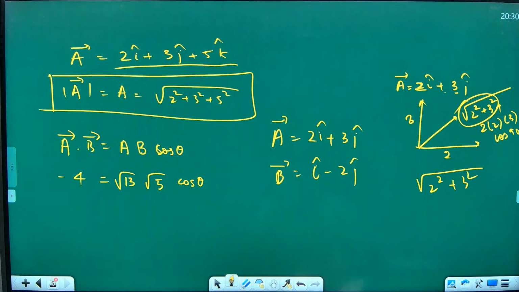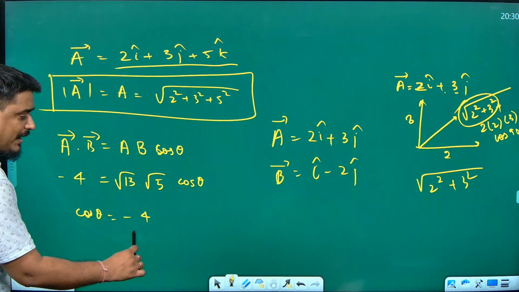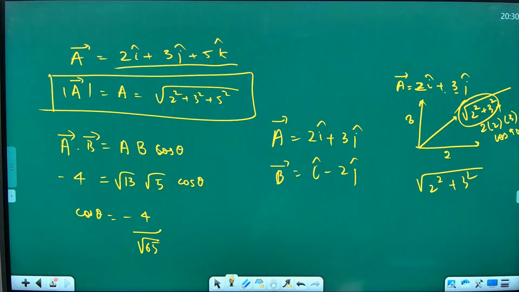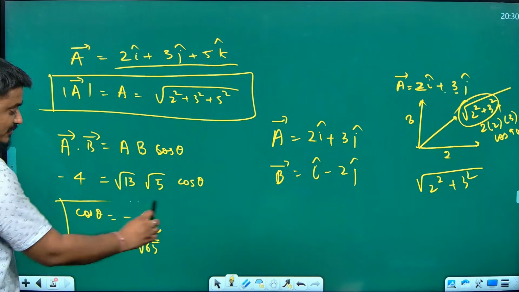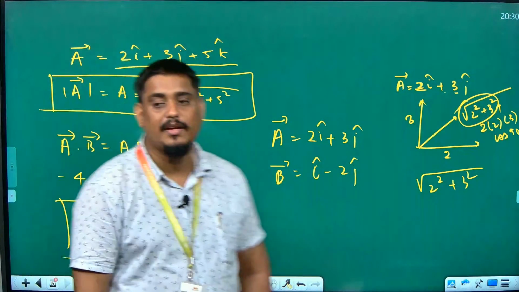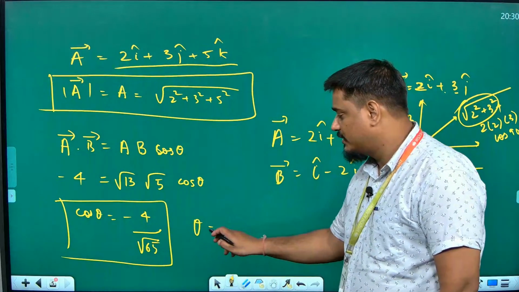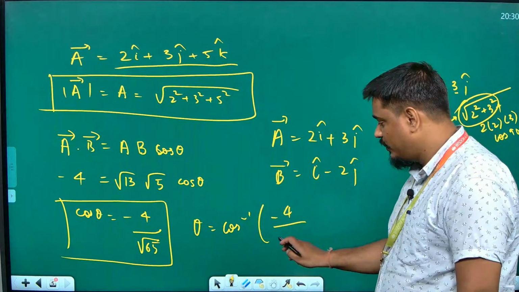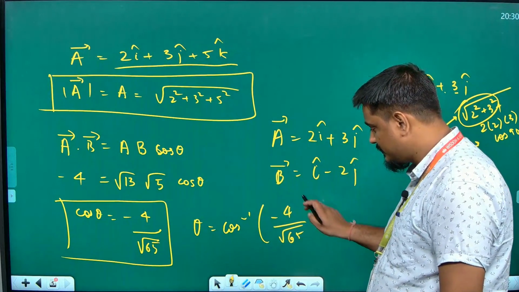Do you agree? So what will be cos theta? Minus 4 by root 65. Can I write like this? In root we can multiply. If a person does not know that, then you are very weak in the basics. Now, theta will be what? Cos inverse of minus 4 by root 65, that is the answer.